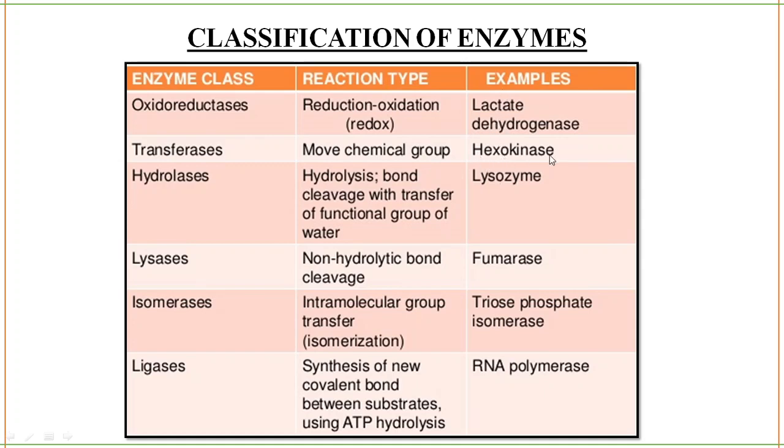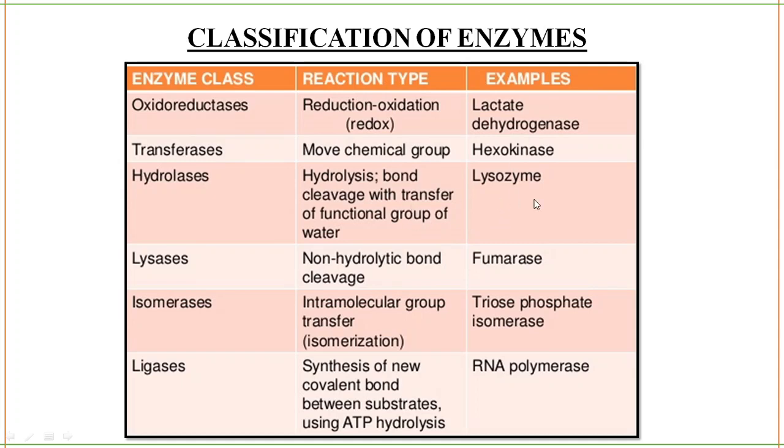Example is hexokinase. Next is hydrolase. Hydrolase means hydrolysis, breaking of the bond will happen. Bond cleavage with transfer of functional group to water. Water will be used, actually, for cleaving the bond.